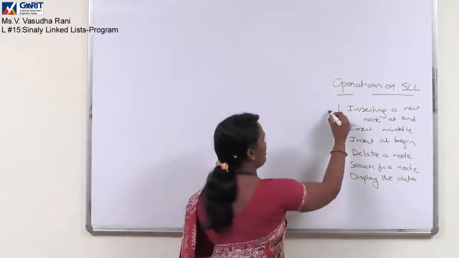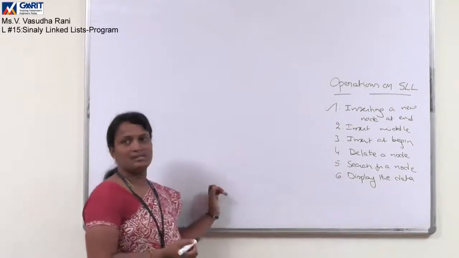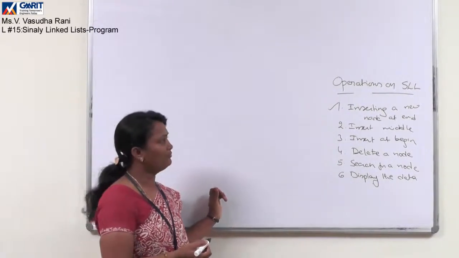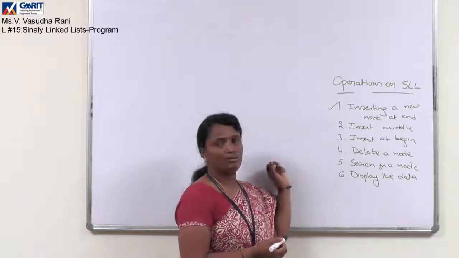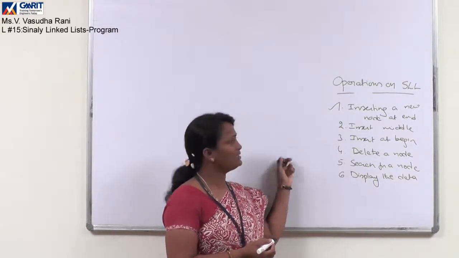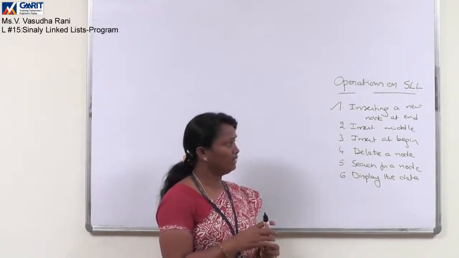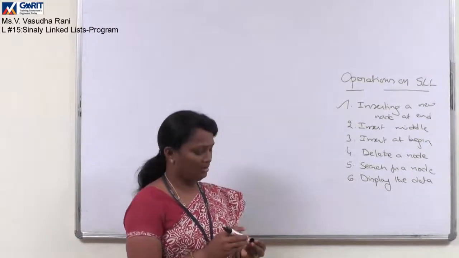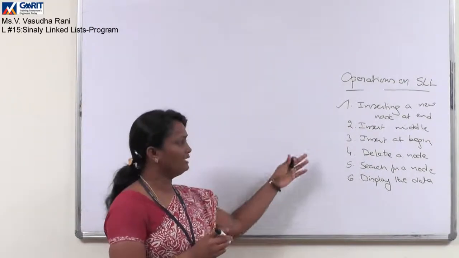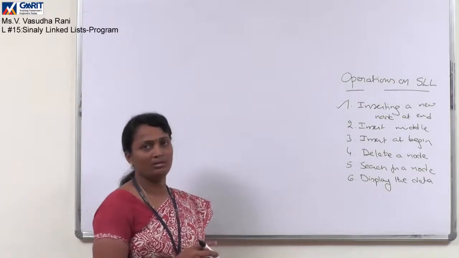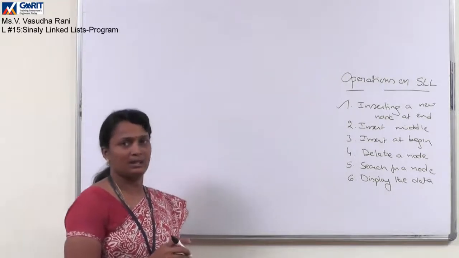Now we'll see the implementation of singly linked list. Let us write the code for inserting a new node at the end of the list, insert a new node in the middle of the list, inserting a new node at the beginning, deletion and search, and display the data of the singly linked list.